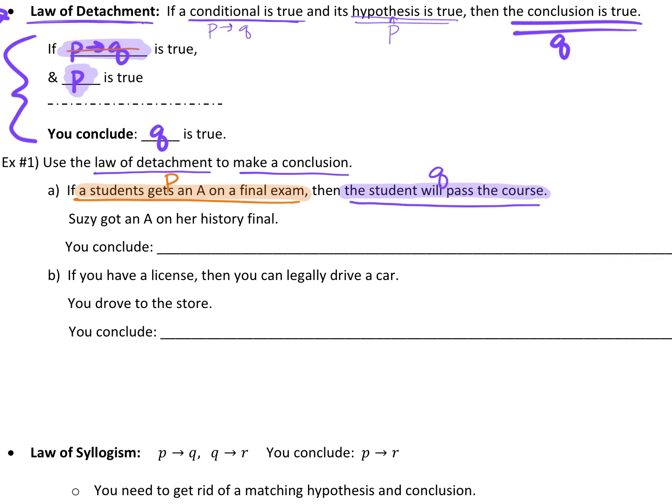The P. Susie got an A on the final exam, right? And Susie passed history. So this is your P, so your conclusion is Susie passed history.